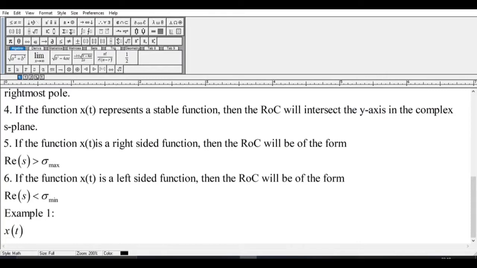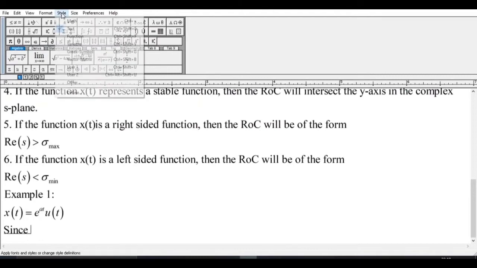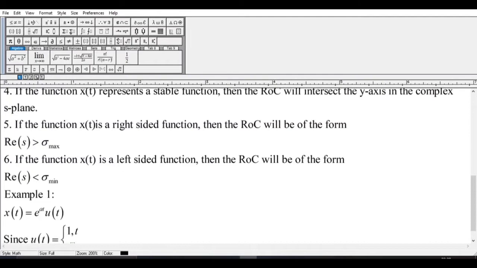For example 1, let us consider x of t equal to e to the power minus a t times u of t. Now u of t is the unit step function, which is defined as u of t equal to 1 when t greater than 0 and u of t equal to 0 when t less than 0, as it is shown here.